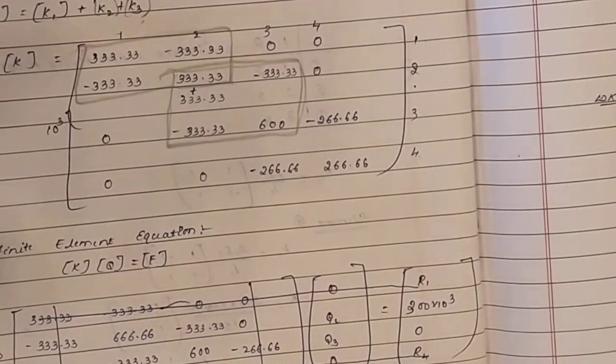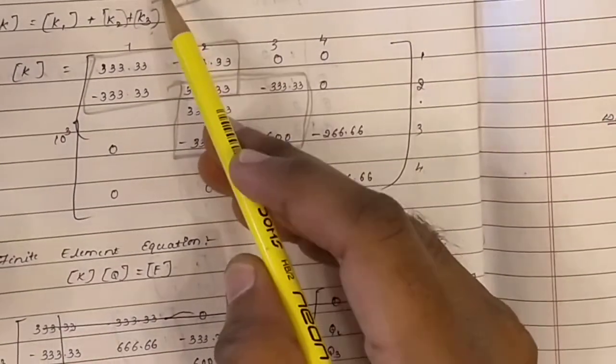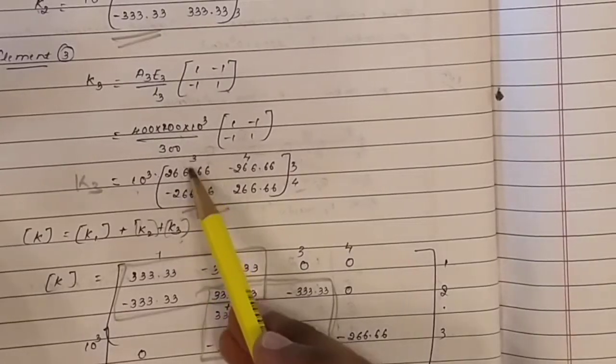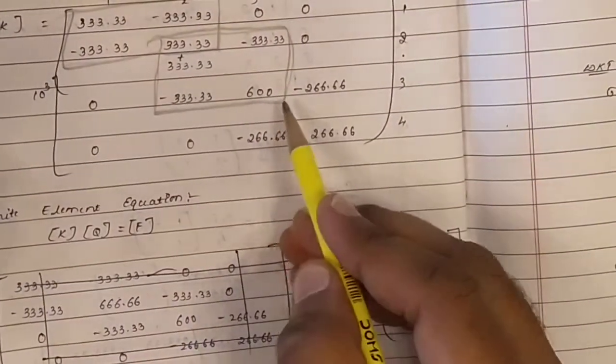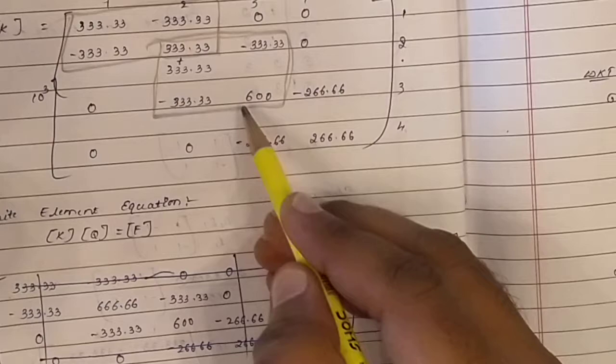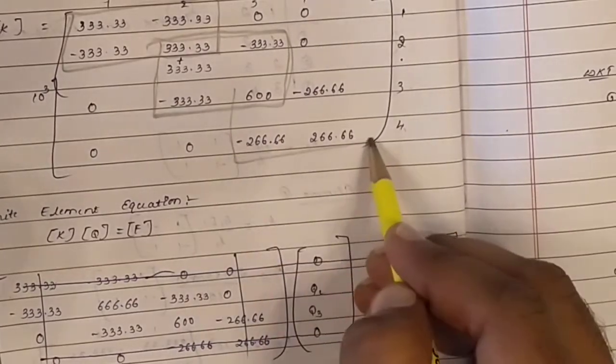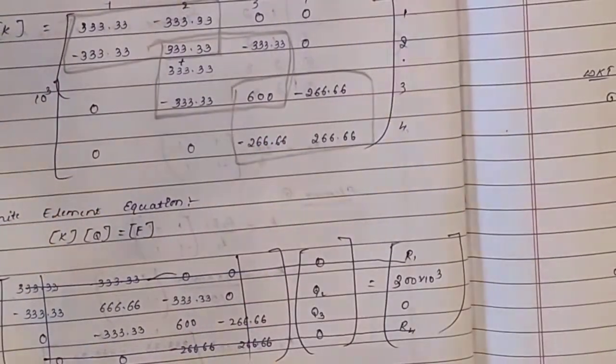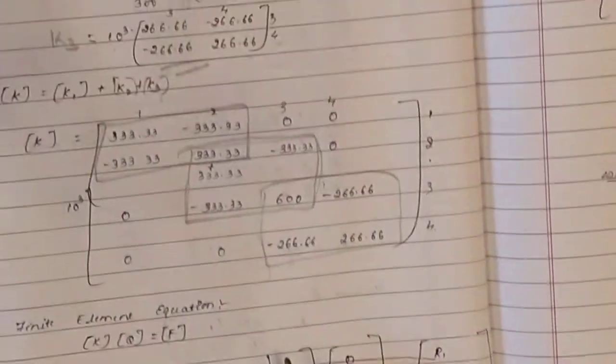Similarly, K3 starts from 3, 3. So where is 3, 3? That is this matrix. This is how you add it.